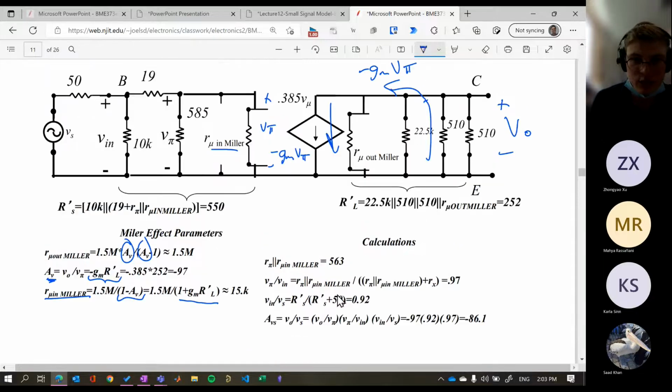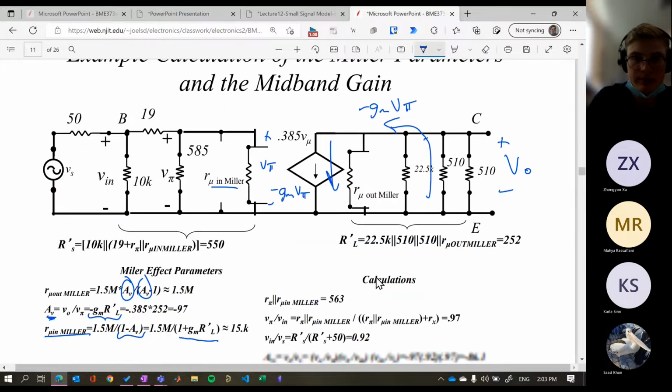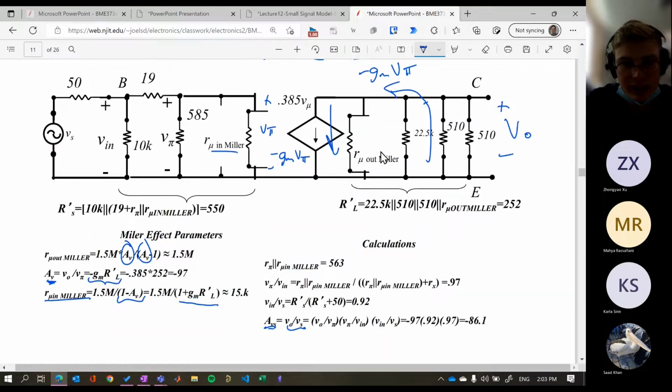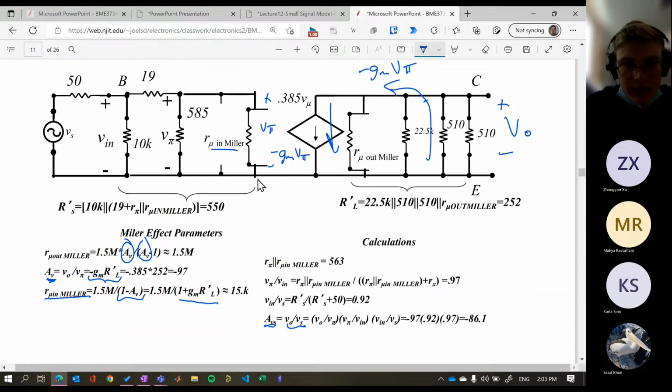Finally, we can find the actual gain. AVS is V0 over VS, taking into account these Miller effect resistances. So Miller's effect plays a role not even just in high frequency. It actually plays a role in the midband gain as well.